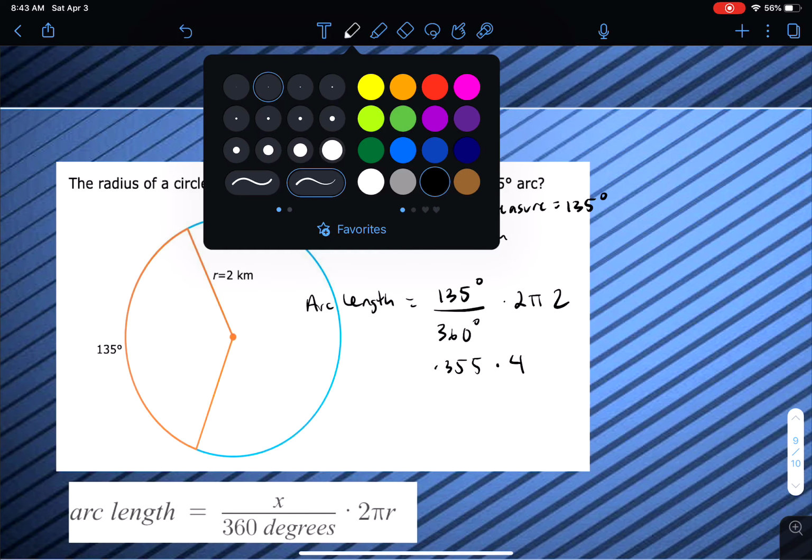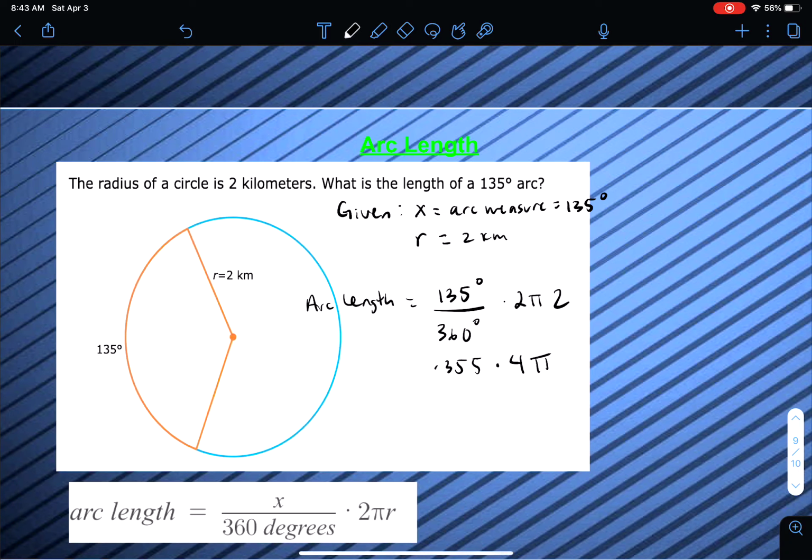Don't forget the pi. So this is 0.375 times 4. 0.375 times 4 is 1.5. Then drop the pi down, and you have 1.5 pi as your answer. Therefore, arc length is 1.5 pi. And yes, you can leave it in pi. This is your answer. Bye-bye.